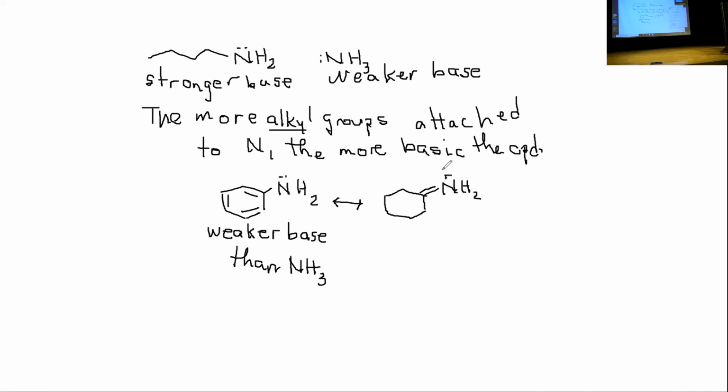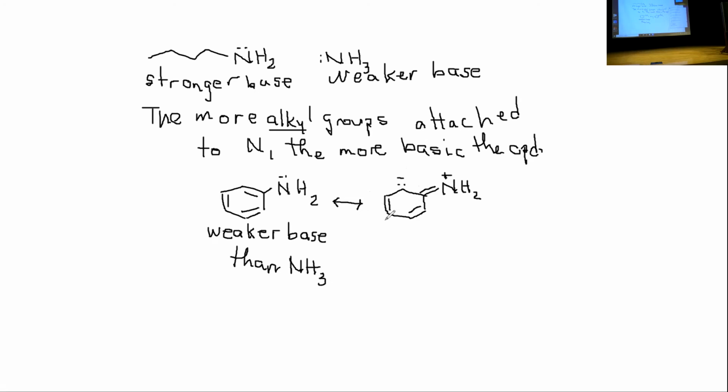So it will instead have a plus charge. And one place you can put that electron pair is on this carbon. So you get a resonance structure that looks like this.